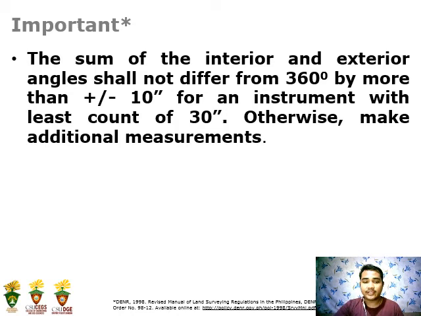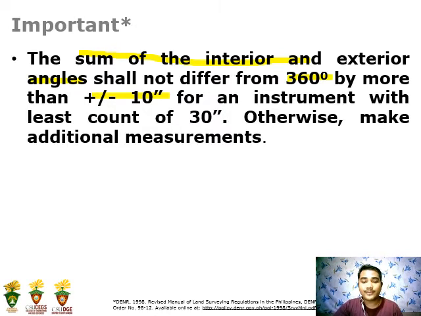Alright, this is important in the method of repetition in getting the horizontal angle. It is important that the sum of the interior angle and exterior angle shall not differ from 360 degrees by more than plus or minus 10 seconds for an instrument with a least count of 30 seconds. Otherwise, make additional measurements.